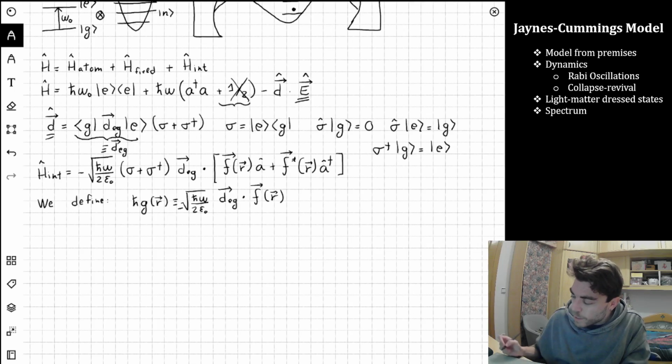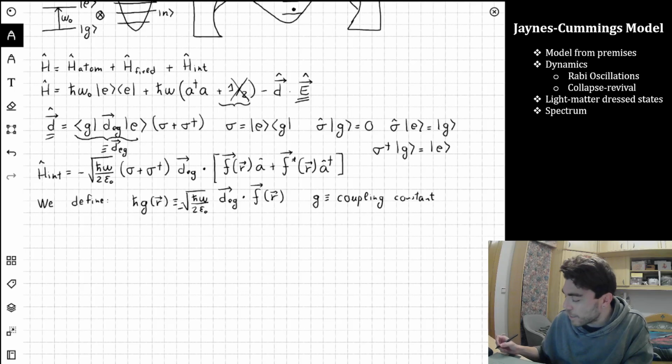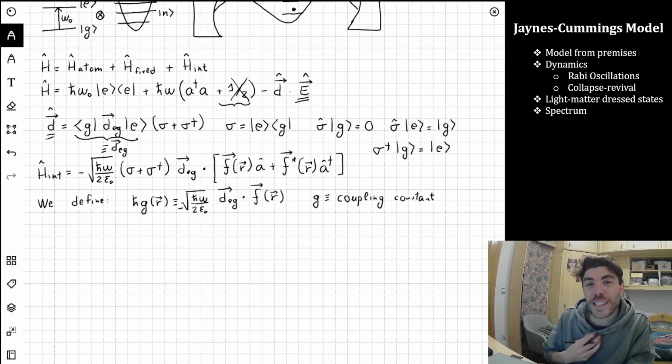Defined in this way, this g is called the coupling constant. The coupling constant, as you can see, is not actually a constant, but it will become a constant in a few minutes, and it's going to tell us about the strength of the light-matter interaction.